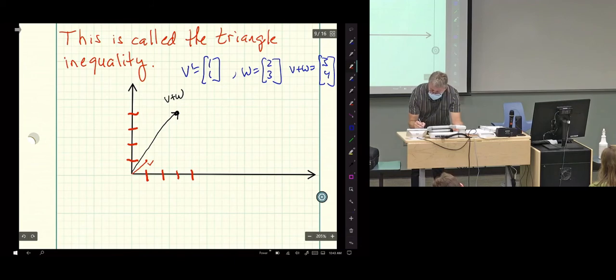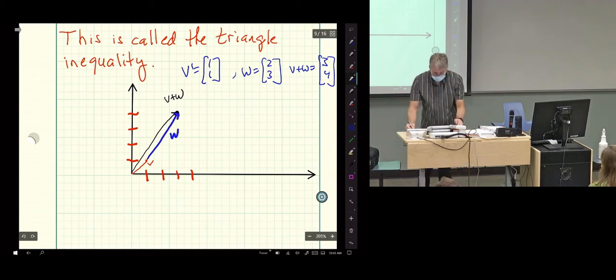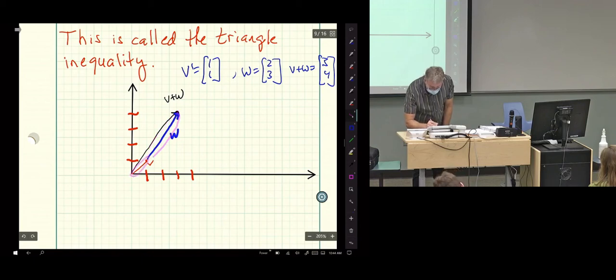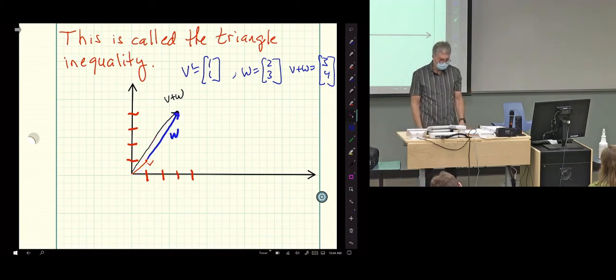That's V. And then if you do the head to tail addition, this is W. So there is a triangle there, is the point. And the length of this one, if you do a good drawing, is less than or equal to the length of this vector plus the length of this vector. So that's the triangle. That's why it's called the triangle inequality.